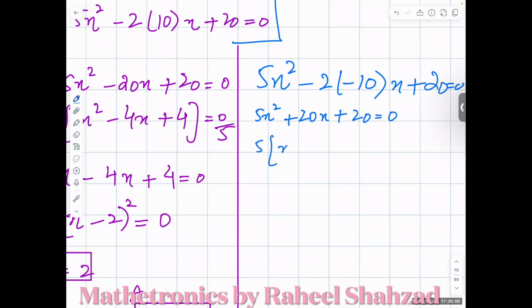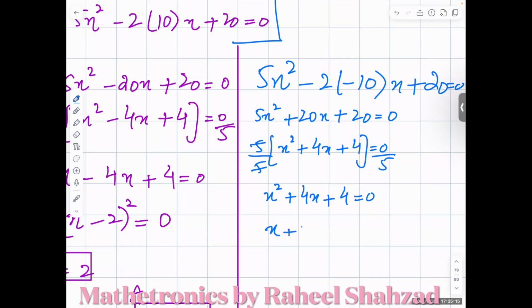Let's take 5 common, dividing by 5 on both sides, we have x squared plus 4x plus 4 equals 0. And that would be (x plus 2) whole squared equals 0. That means x plus 2 is 0 and x is equal to minus 2.